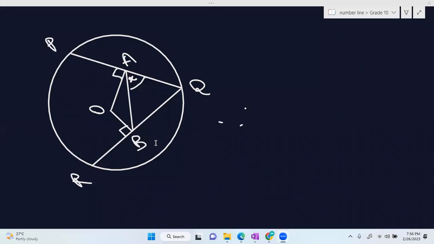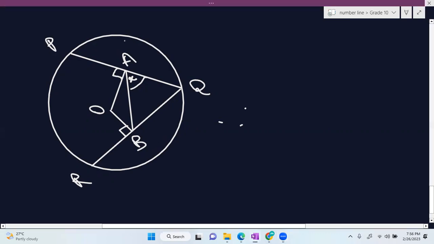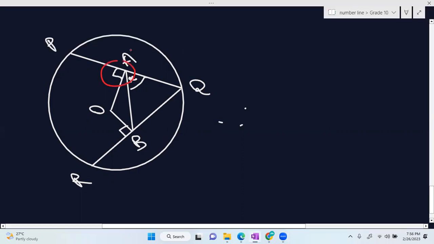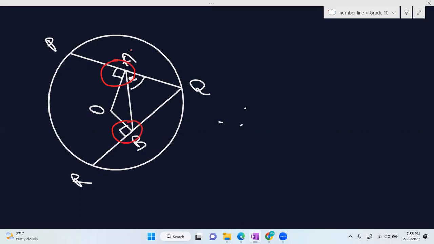Following this diagram, what result do we take? PA equals AQ and RB equals BQ. Here you have to identify that they have given this as a 90-degree angle. The data says a 90-degree angle is formed here. Therefore we can identify what? Our result is PA is equal to AQ.